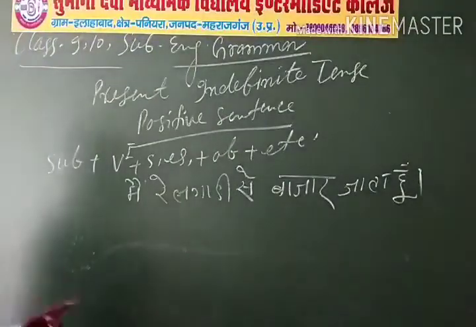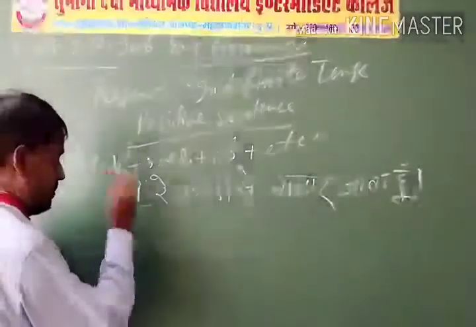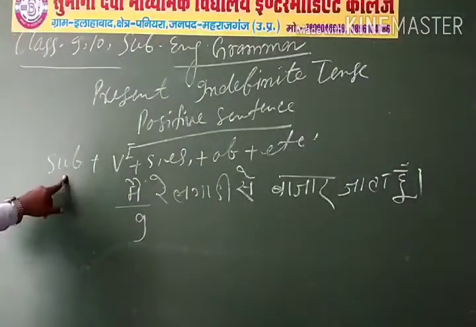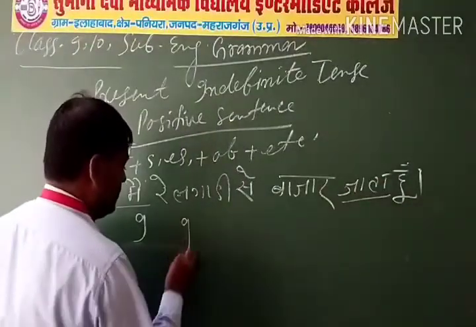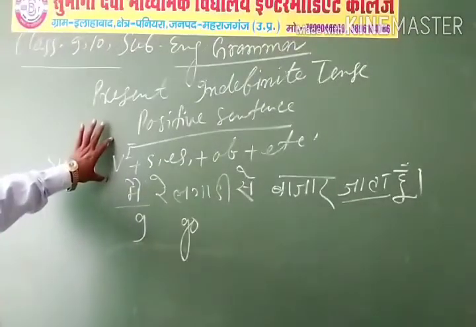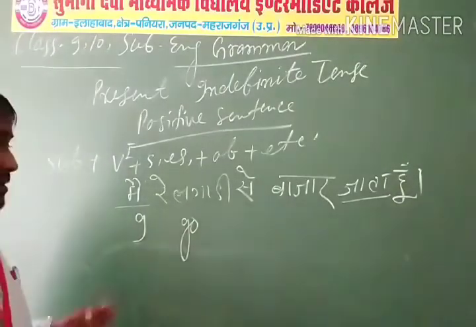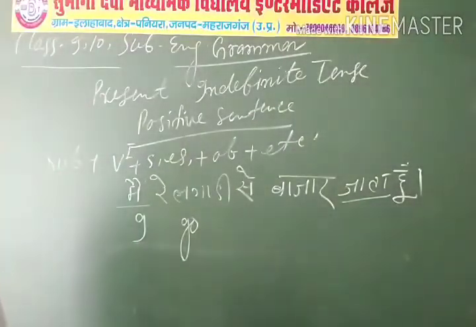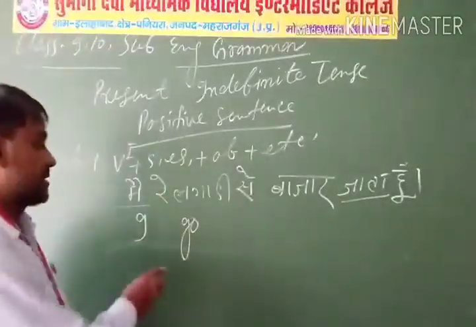Here, first of all, you have to know what is the subject. Here I is the subject. Then first of all, we have to write the subject. And after then, we have to know about the verb. Before it, I have also told you that for I and other plural subjects, if these types of subject come first, then we do not add s or es after the verb's first form.